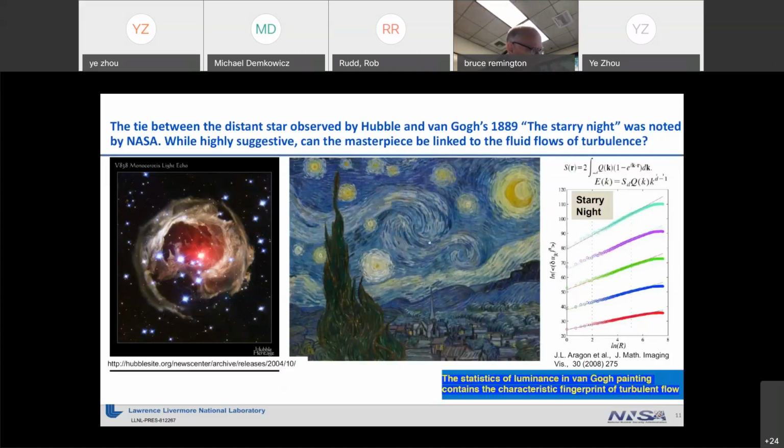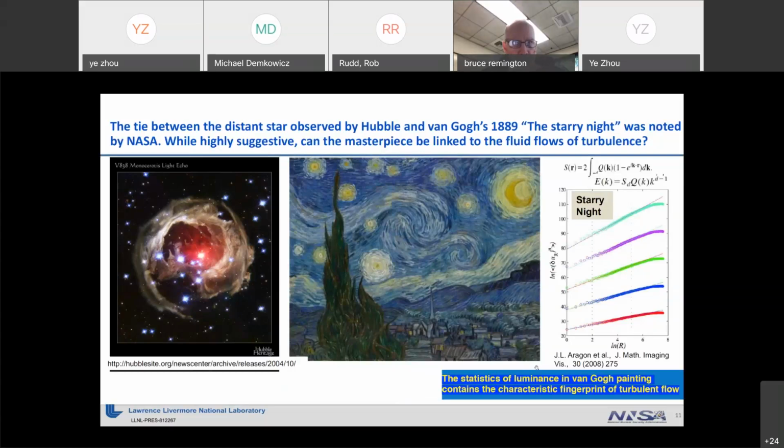But does this kind of artwork actually have something to do with turbulence or not? Several scientists carried out a study on a number of Van Gogh's pictures by digitizing the luminance of the pictures. Then they carried out statistical studies of the luminance with the same kind of methodology as what you do with the data obtained from the wind tunnel experiment.